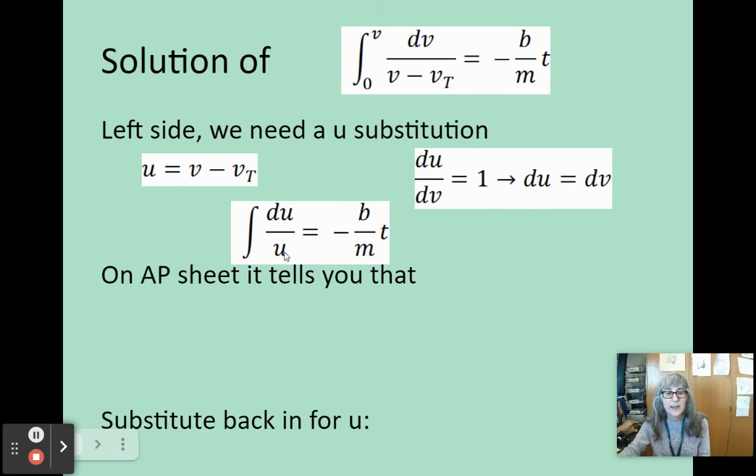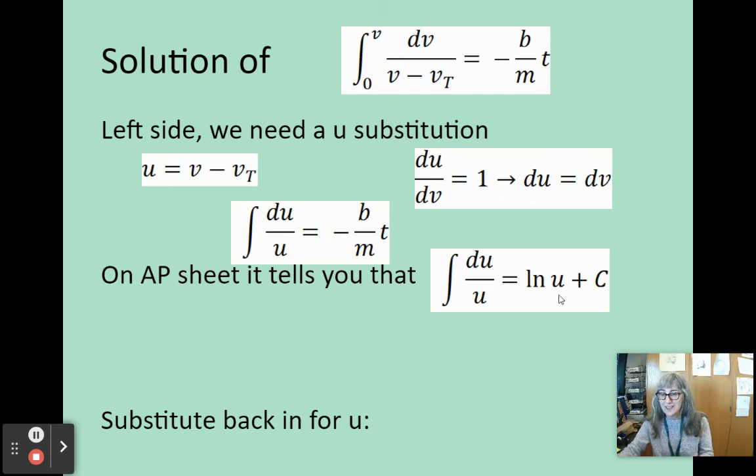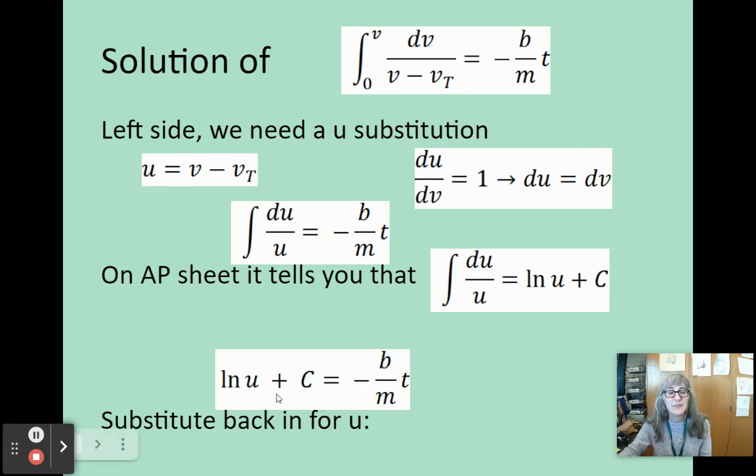And if you're thinking, good grief, I don't know how to do that, your AP sheet to the rescue, just like it was for doing derivatives of sines and cosines. On the AP sheet, it tells you that du over u integrated is the natural log of u, that's where the e comes in, plus c. So ln of u plus c is equal to negative b over m constant t.